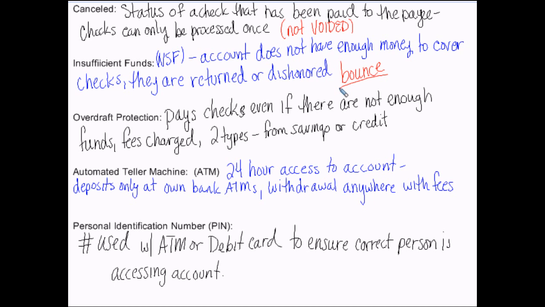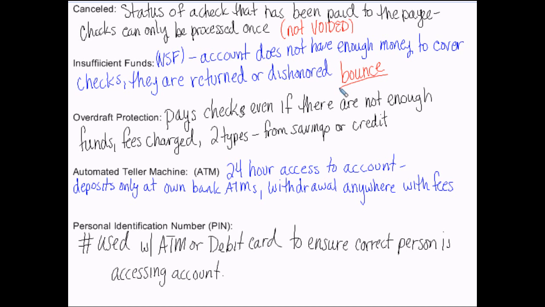Sends the check back to whatever bank was processing with them, rejects it. Then you get charged a fee by your bank for the insufficient funds, usually right around $30, 25 to 35. So that $20 you had is now gone, and maybe you're negative 15. The $100 that you paid to somebody that bounced didn't get paid.